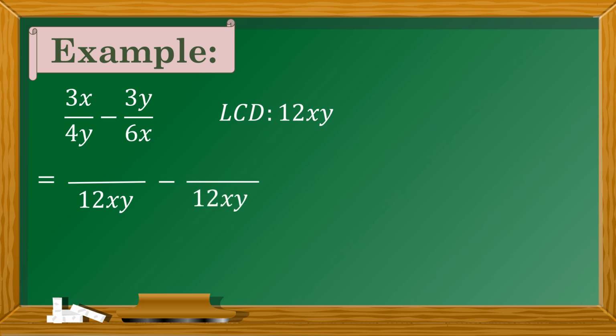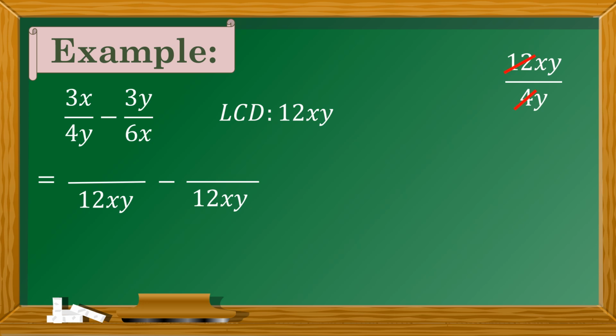Now let's find the numerators of each expression, by dividing the LCD by the denominator and multiplying it by the numerator. Let's first find the numerator of the first expression. We divide the LCD 12xy by the denominator of the first expression, which is 4y.